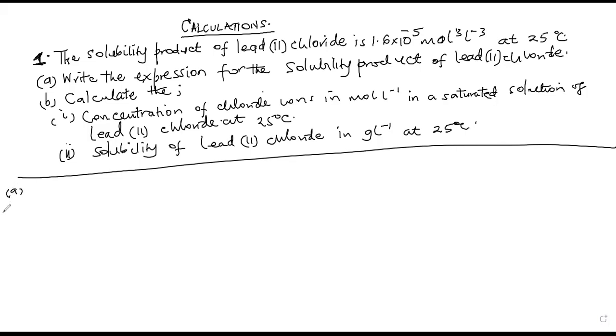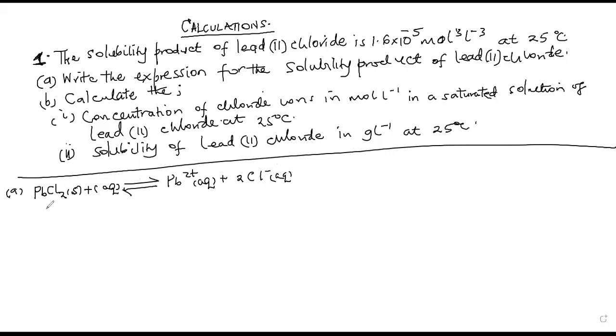For part A, if I'm to give you a hint, this expression is derived from an equation, but I need the expression. To give you a hint of how it comes about, first write lead 2 chloride, a solid, plus aqueous, to give you lead 2 ions plus 2 chloride ions.